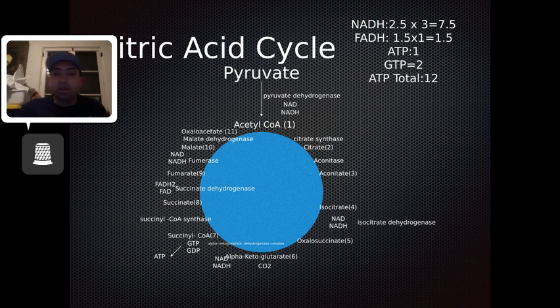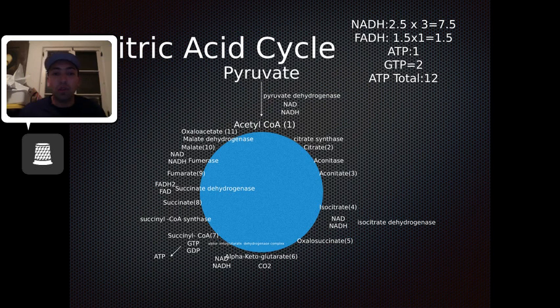From oxalosuccinate, it's going to go to alpha-ketoglutarate. That's another important step, from alpha-ketoglutarate to succinyl-CoA, because we're gaining an NADH. We're also getting a GDP, and we're also getting an ATP. So there's a whole lot of ATP that can be harvested right there.